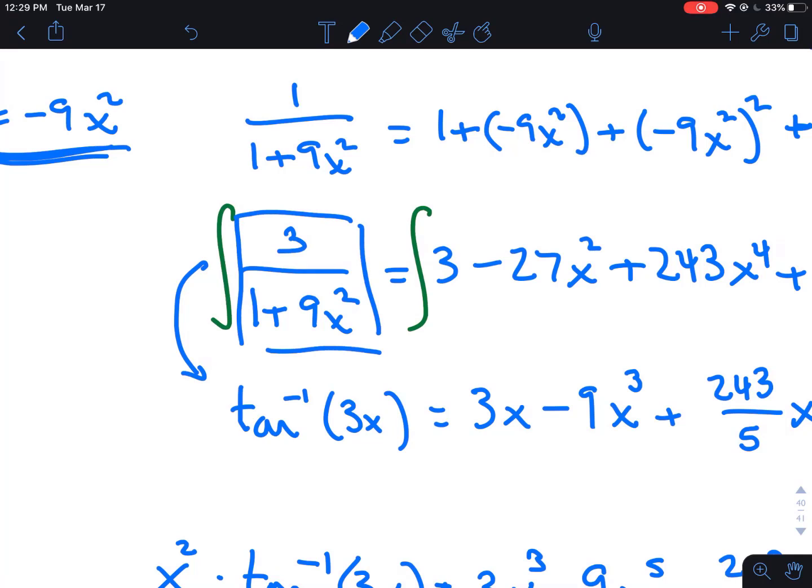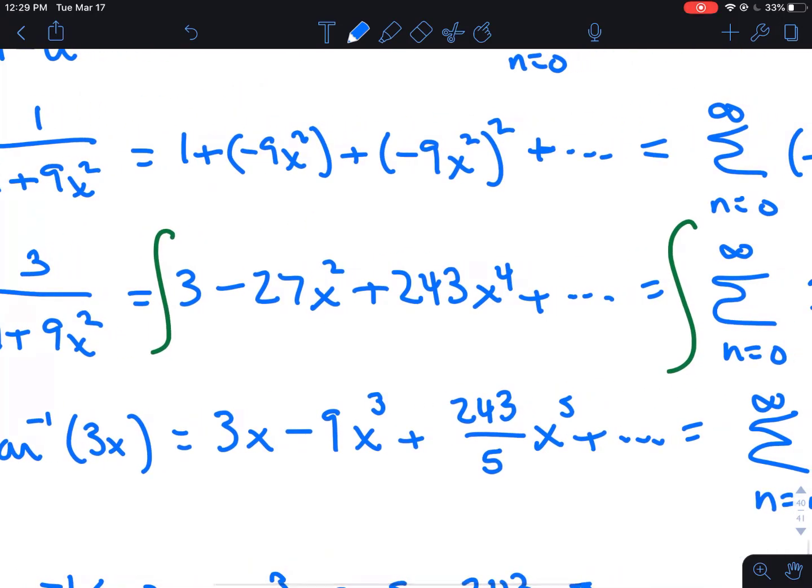So if I do the antiderivative, they kind of cancel out, and we just get back to where we started. Now, if we do the integral of all these things, they're just polynomials. So I can integrate 3, I can integrate negative 27x squared, I can integrate 243x to the 4th, and again, we raise up our power by 1, and we divide by that new exponent of x. And so there we go.